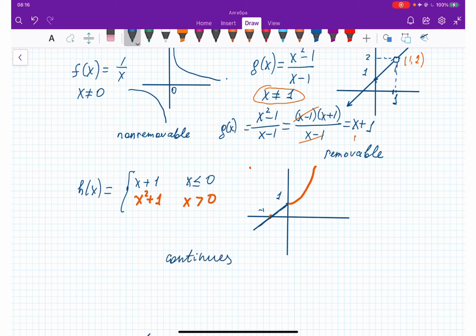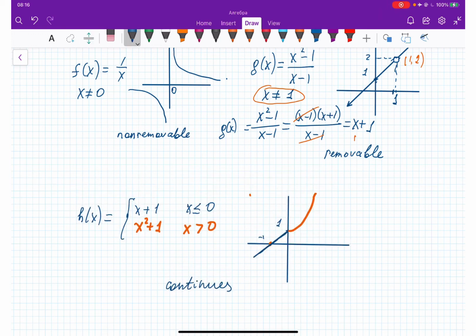And there is no the question of removable or non-removable discontinuity. This one is absolutely continuous on entire line. Even if I would take, let's say, another continuous function, if I would take y is equal sine x, it also would be continuous graph, right? It's absolutely continuous on entire real number line.